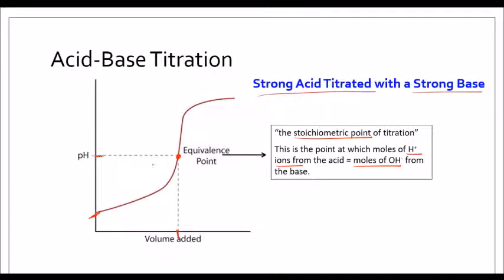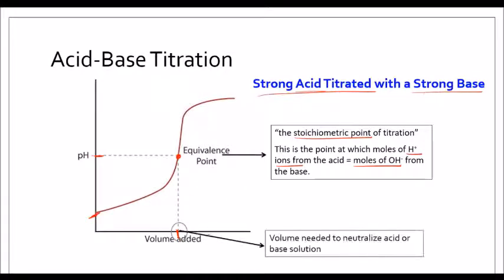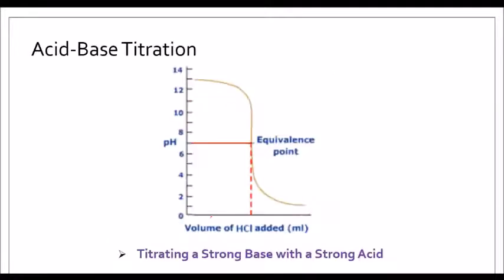That pH value at the equivalence point, the volume added, moles equal the moles. So keep that in mind. This is going to look like this S-shaped curve if it's an acid with the base, and then you can figure out the volume needed to reach that equivalence point.